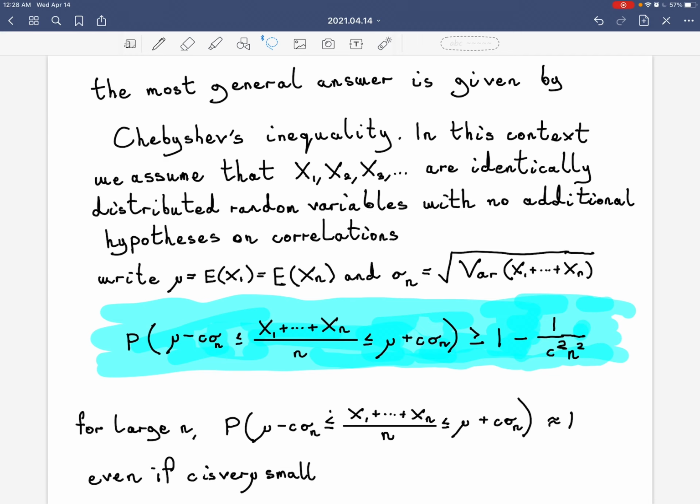A large value of c gives you a wide error tolerance and a fast rate of convergence to certainty. A smaller value of c gives you a smaller error tolerance and a slower rate of convergence to certainty.